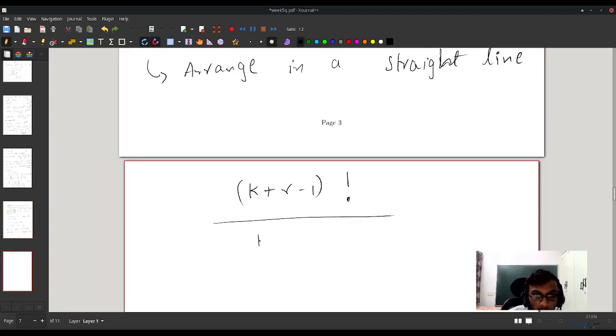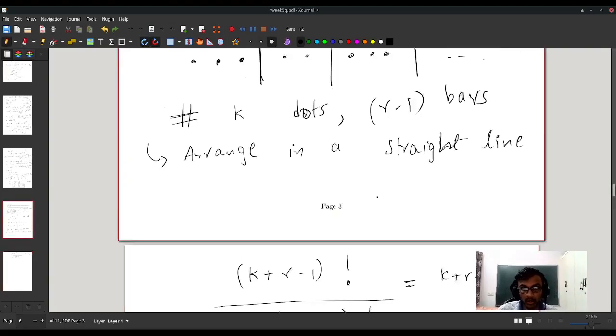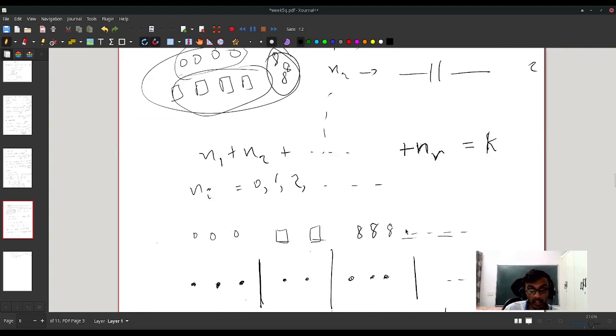So it's going to be (k plus r minus 1) factorial by k factorial times (r minus 1) factorial, or (k plus r minus 1) choose k, or choose r minus 1. This is the answer to this problem. Like I said, it's a very popular and standard problem in combinatorics.